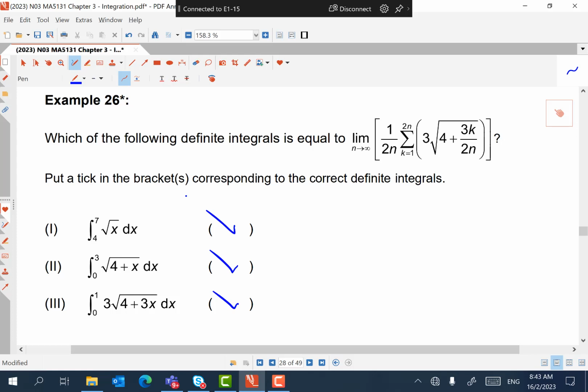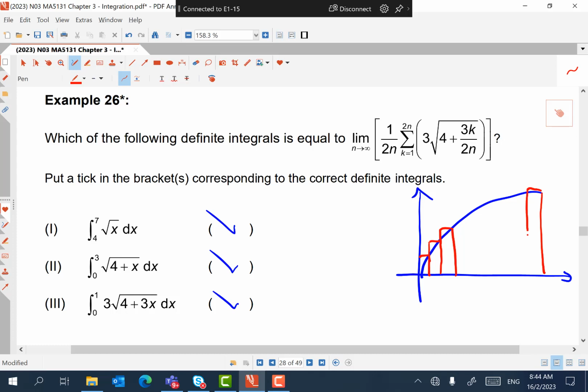Alright, now we want to investigate why this should be true. To start off, this question is a bit tricky because you have to divide into how many rectangles? You have to divide into 2n rectangles.